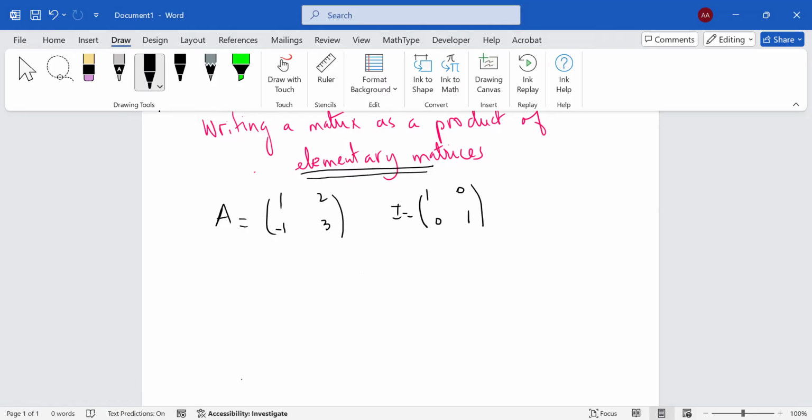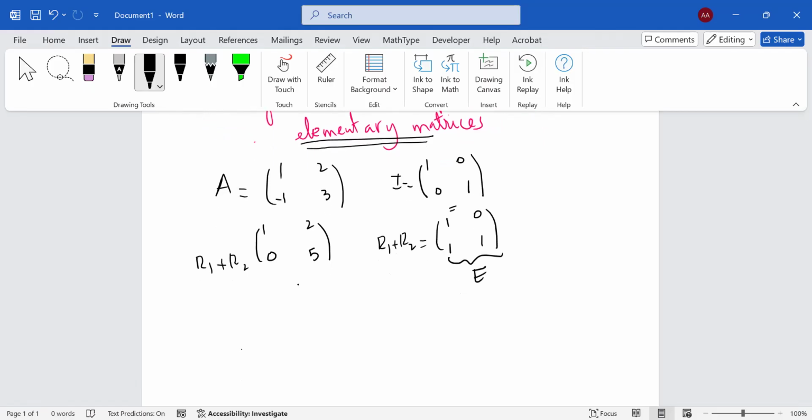If I do a single row operation, for instance R1 plus R2, I replace it with R2, it's going to be 0 here and here 5. If I do the same R1 plus R2 on the identity, which is 1, 0, and here 1, 1, you see this matrix, elementary matrix E.